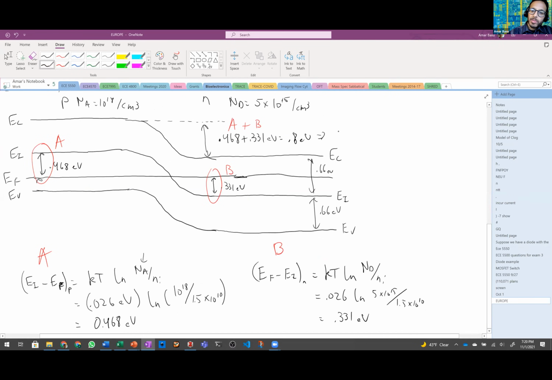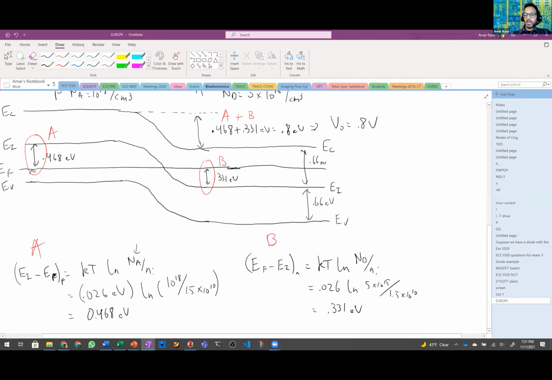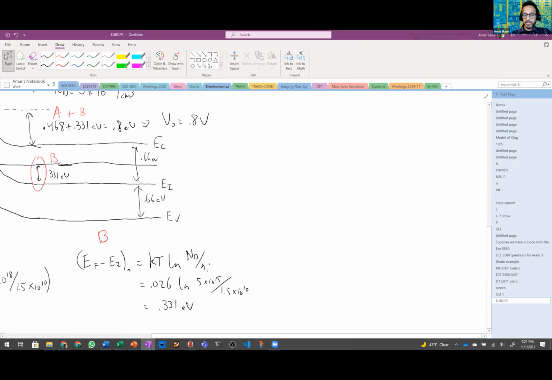And so this implies that V0 is equal to 0.8 volts. That's the built-in potential for this particular diode. Okay, and Ali and Clayton, did you guys get similar numbers when you just plugged in the formula there? Yeah, I got exactly the same.